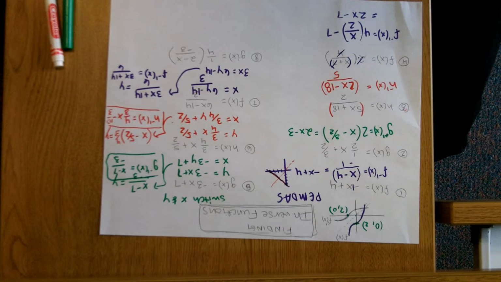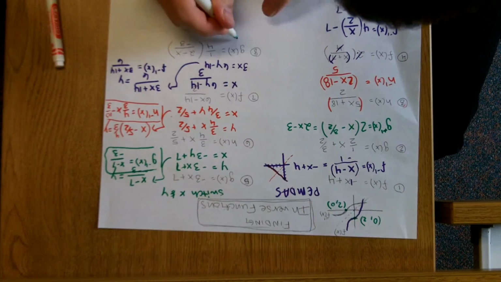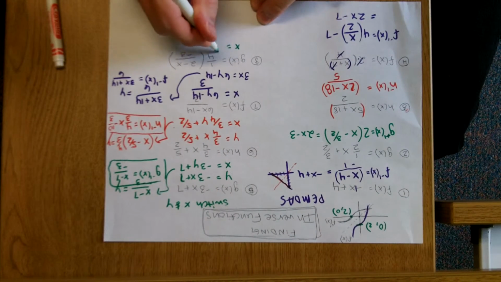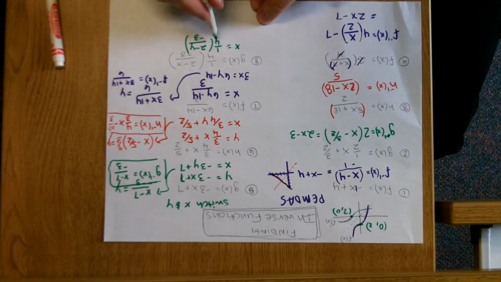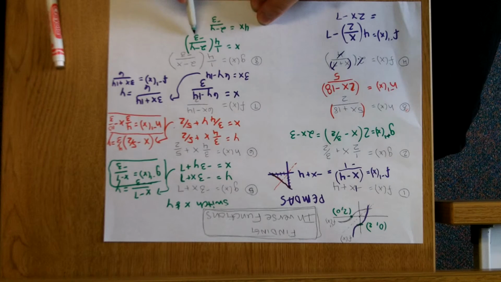Alright, let's try the last one. So switching x and y right away, we have x equals 1/4 times 2 minus y over negative 3. So I'm going to multiply by 4, so we have 4x equals 2 minus y over negative 3. Then there's also another division going on here, like another fraction.